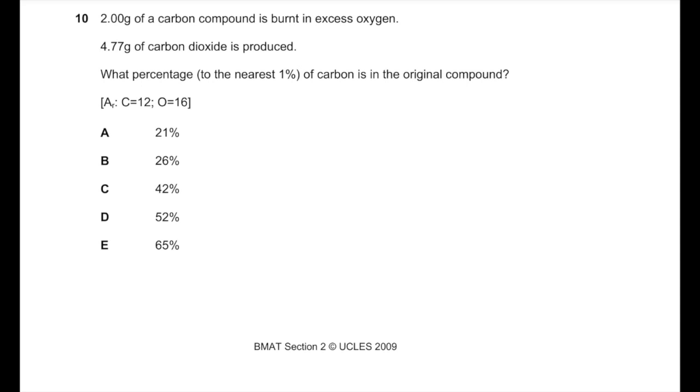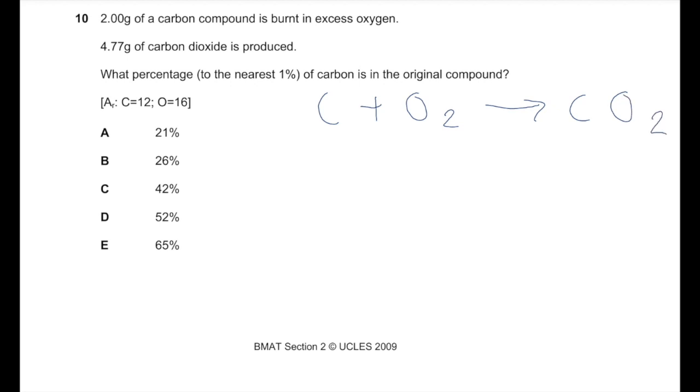Question number 10. 2 grams of carbon compound is burnt in excess oxygen. 4.77 grams of carbon dioxide is produced. What percentage to the nearest 1% of carbon is in the original compound? First things first, we need to write an equation of C plus O2 goes to CO2.